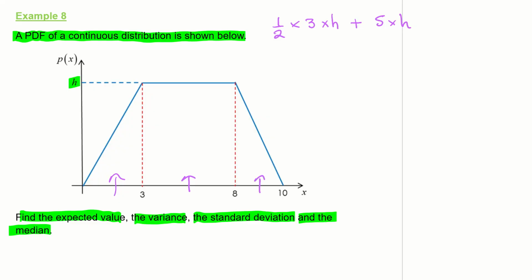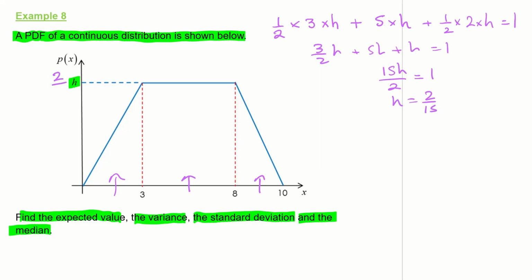And then this triangle would be a half times 2 times h, and all of that must be equal to 1. So that gives me 3/2 h plus 5h plus h is equal to 1. And therefore 15h on 2 equals 1. So h is equal to 2/15. So this height here is 2/15.